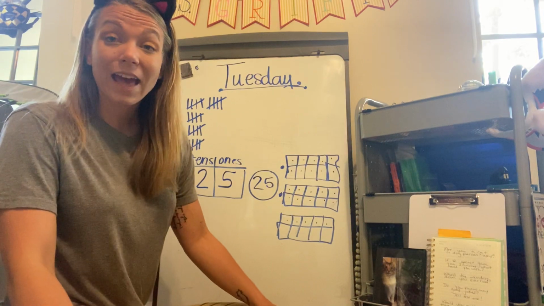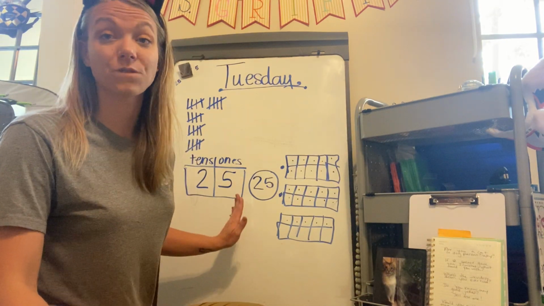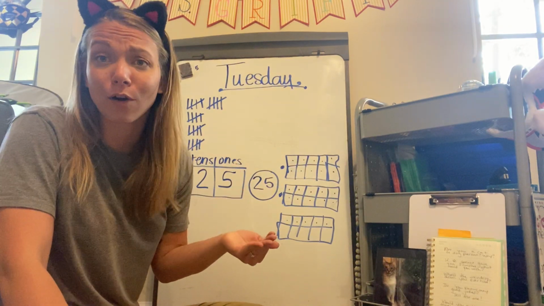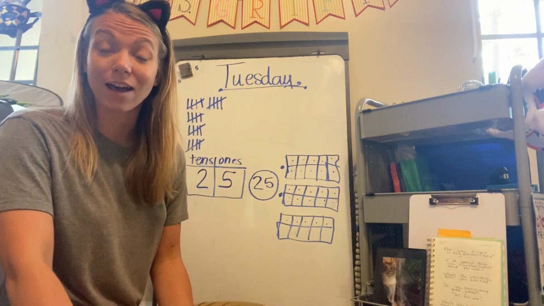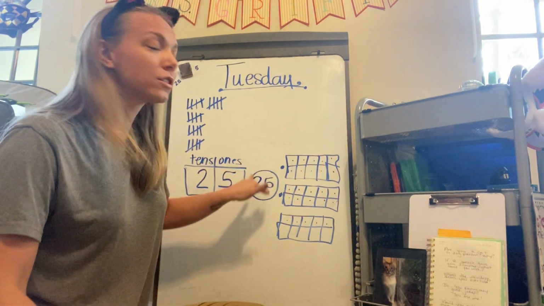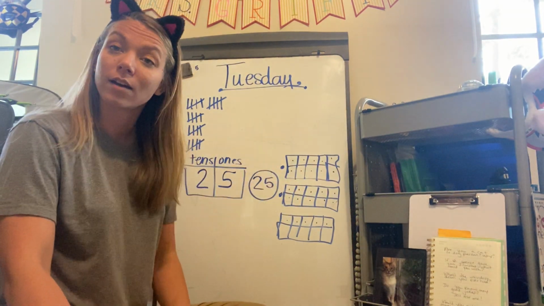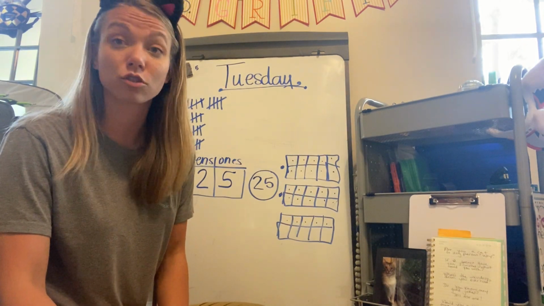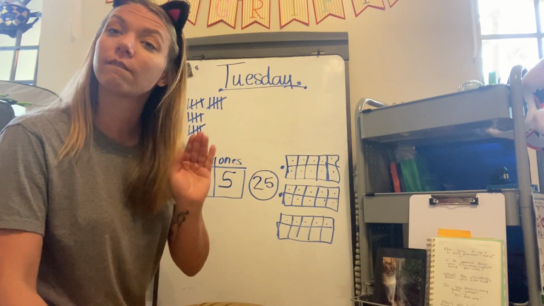And now we have to write 25. I realized yesterday that we forgot that part. And I hope that you took the time and were like, Miss Griffin, you forgot to write 24. So today you know that you have to write 25. It's just 20 space 5.